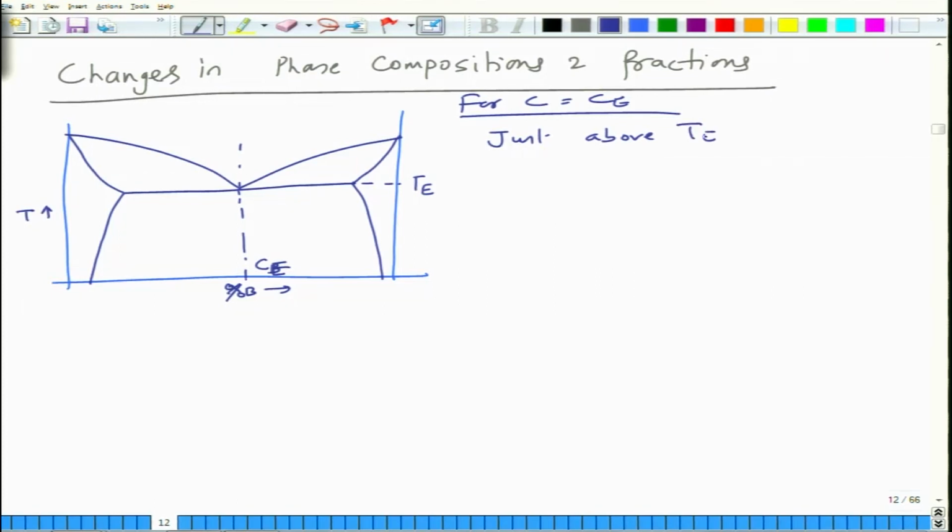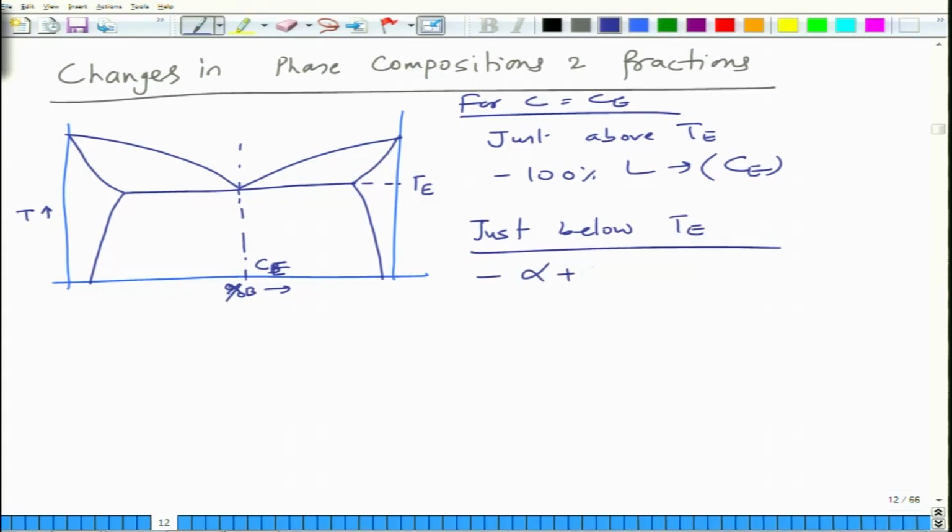Just above TE we have 100% liquid of composition CE, just below TE we have a mixture of alpha and beta, alpha of composition C alpha E and beta of composition C beta E. So first we are looking at this point A, and now we are looking at B.